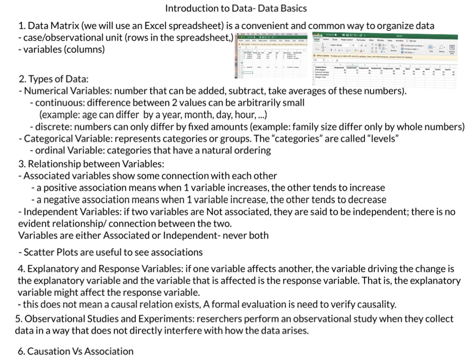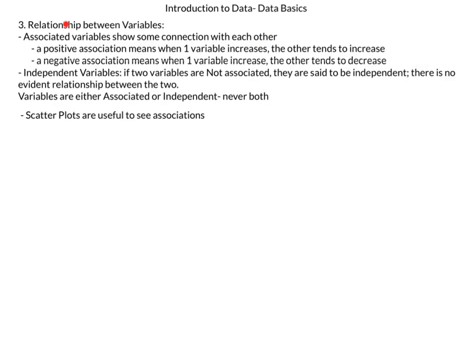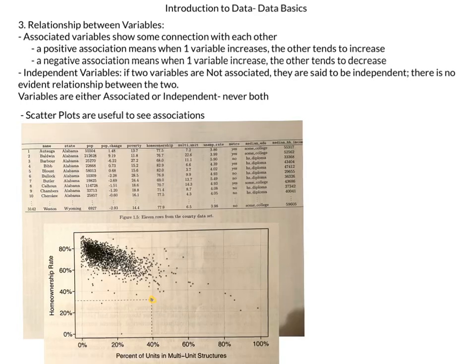So let's take a closer look at that. I moved our notes about relationships between variables over here for your reference. And then the next note is that scatter plots are useful to see associations. Here is the first scatter plot we will look at. It comes from our county data, and it's looking at two variables.